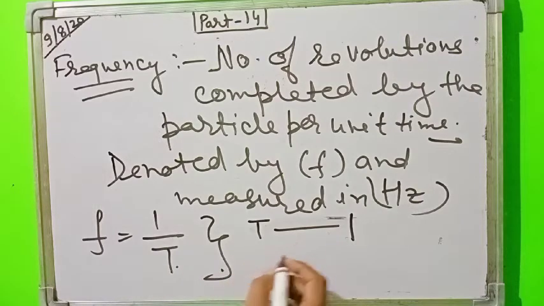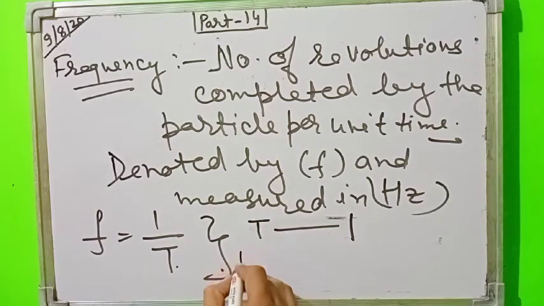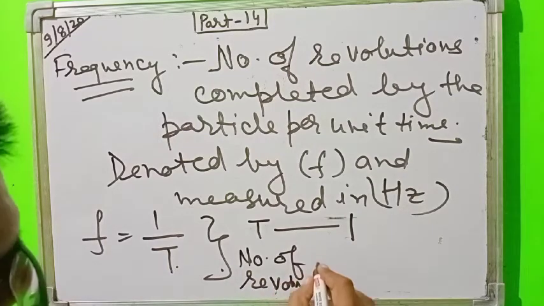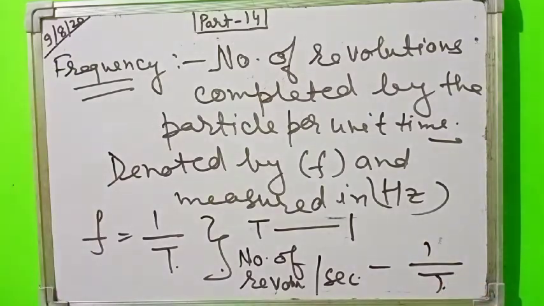So the number of revolutions per second is given by 1 upon time period, and this number of revolutions per second is called frequency.